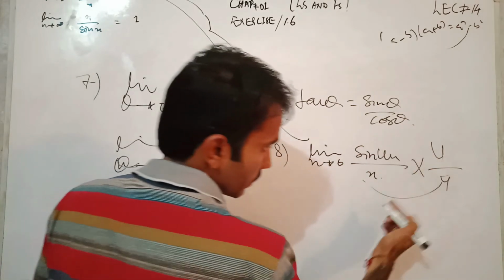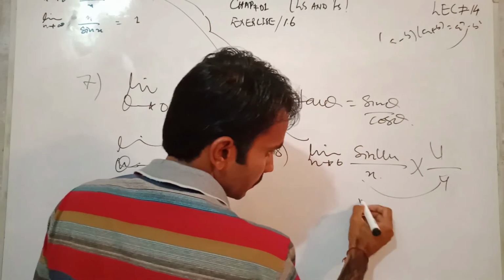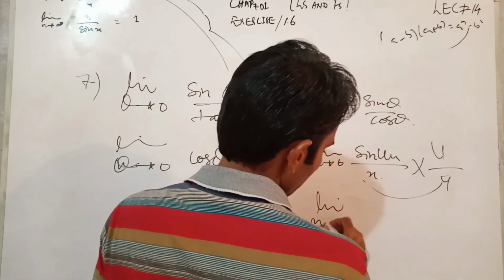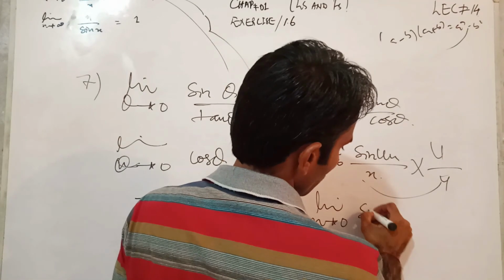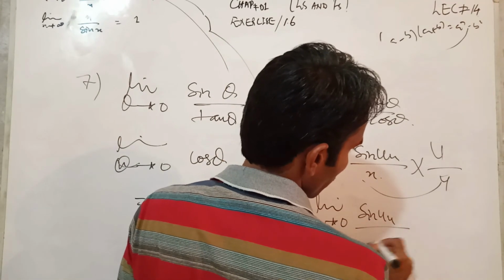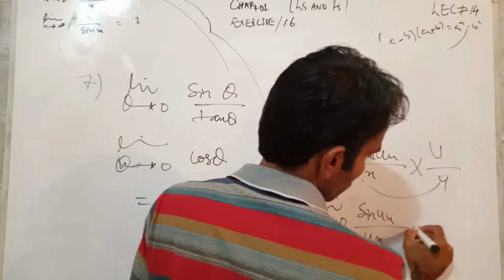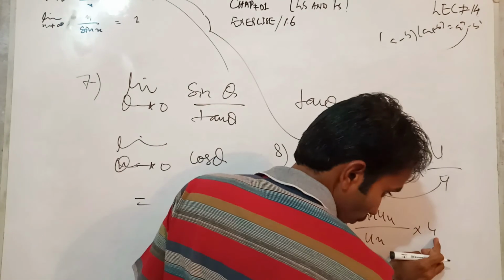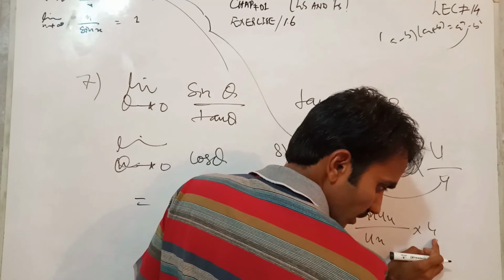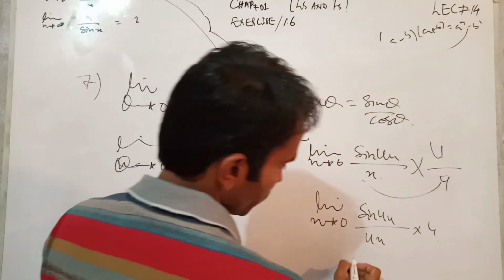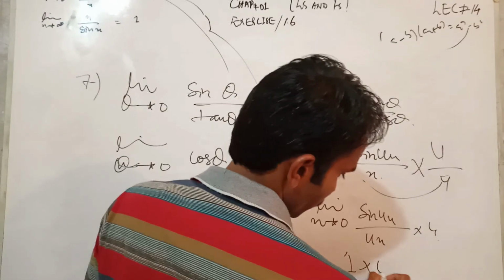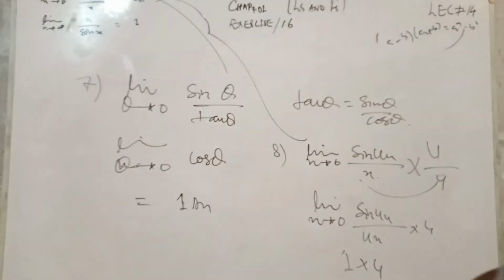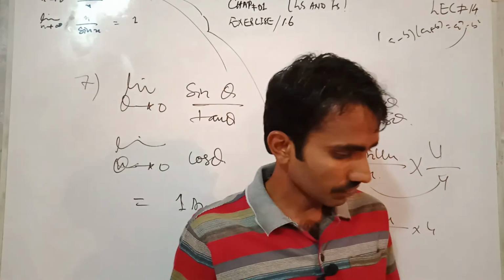Limit x approaches to 0 sine 4x divided by 4x into 4. You can apply the limit of 4, because the limit of a constant is the constant. So it would be 1 multiplied by 4, so it would be 4. So this is all about question number 8.